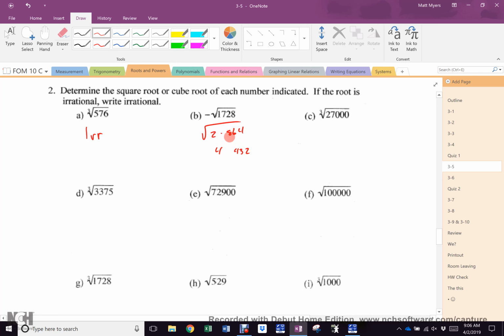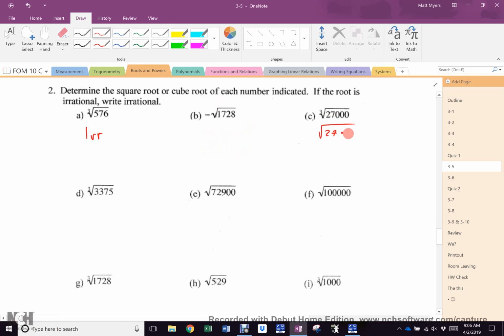I'm going to make it easier for you. Do that. Keep going. So that's that one. You're going to break it down. What about this one? Cubed root of 27,000. Does that break down into something easy? 27 is on the list.